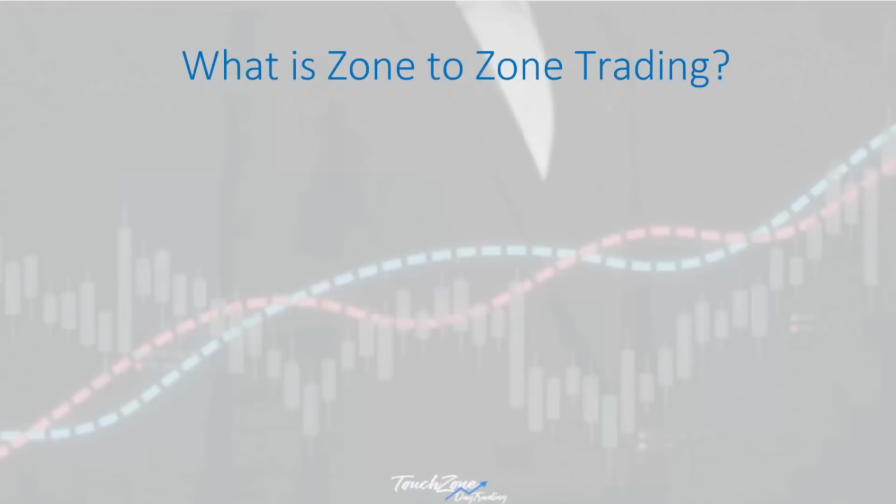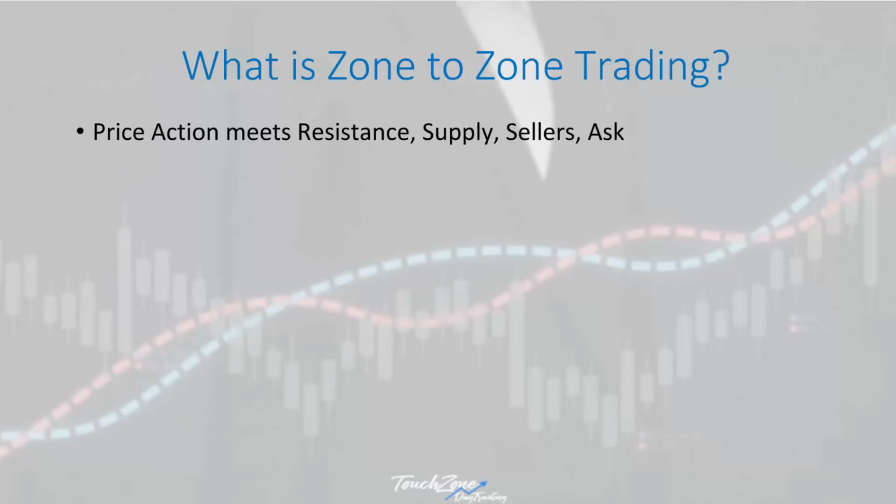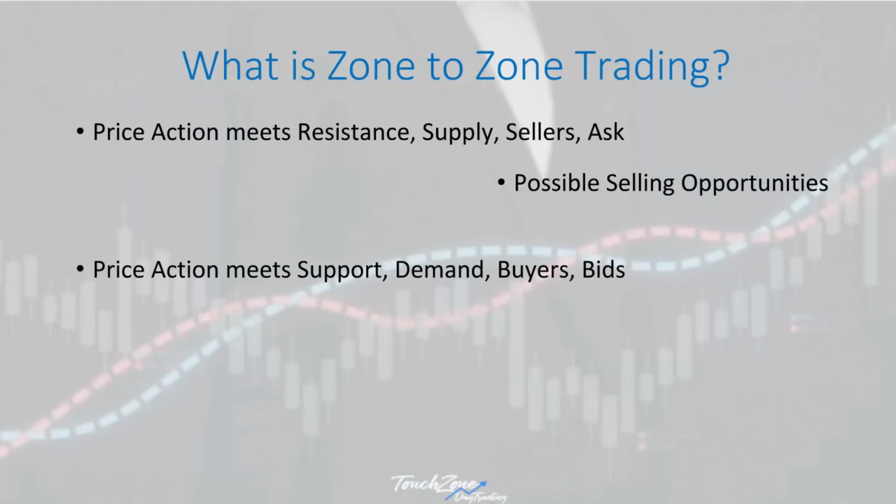So what is zone-to-zone trading? Probably all of you are asking. When price action meets resistance or supply, sellers, or what you call the ask, that will present possible selling opportunities.